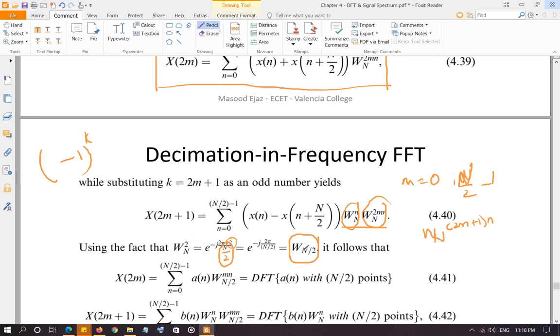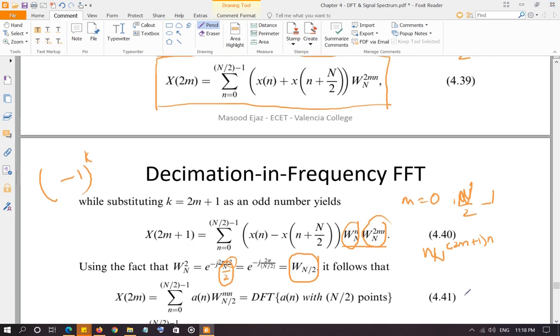So I'm going to call W_N squared as W_{N/2}. So if we go X of 2m right here, I have W_N^{2mn}. Of course, k was 2m here, right?